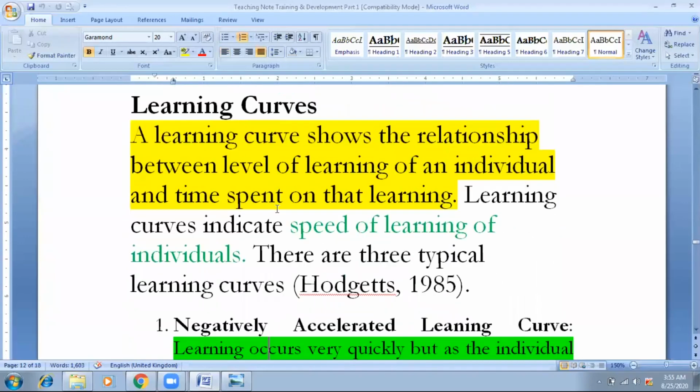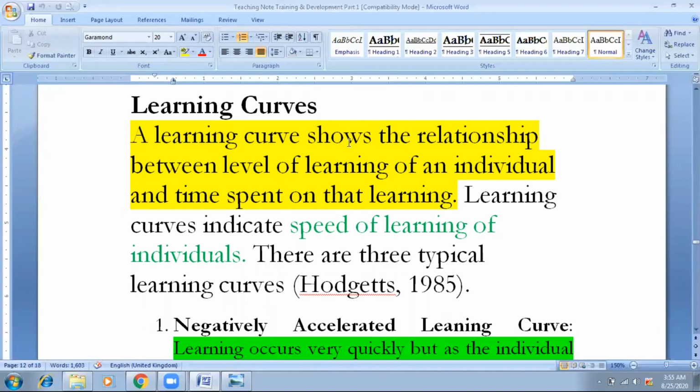Then learning curves. So what is a learning curve? A learning curve shows the relationship between level of learning of an individual and time spent on that learning.